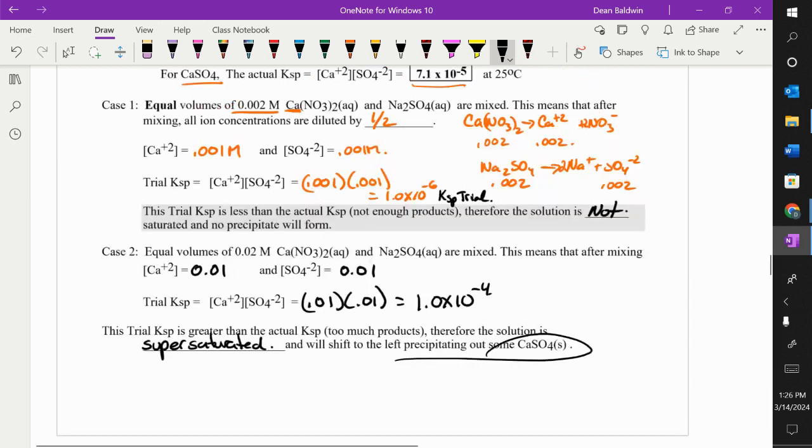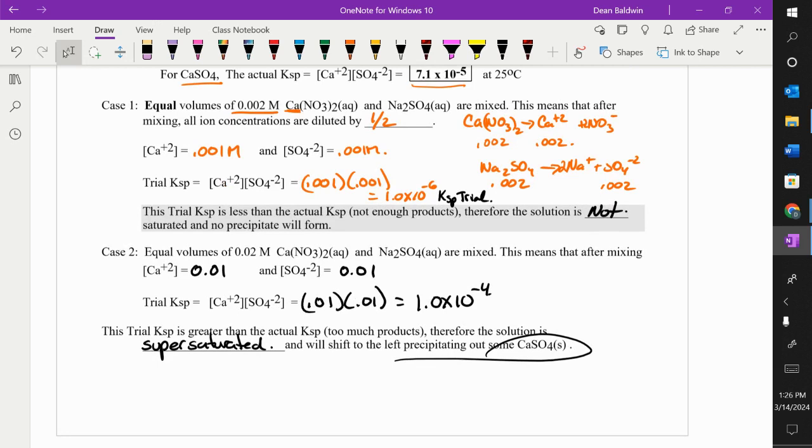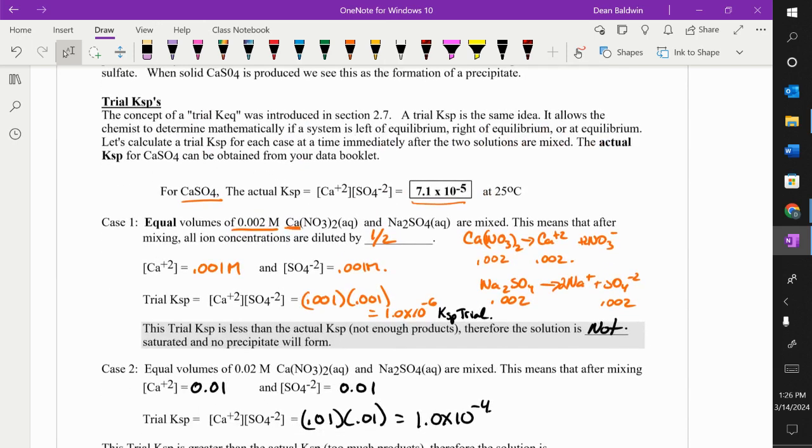Does that make sense? So then why, when you put salt in water and it's pushing back, do you not get salt? You do not get what? So you put salt in the water, it dissolves. But then when it pushes back, why do you not get salt? If you saturate the solution, if you go past the saturation point, you will have it sitting at the bottom. You have to go past the saturation point though. If you just add it in, you're in this step, where your trial KSP is less than the actual KSP.